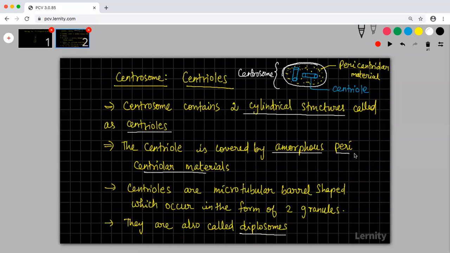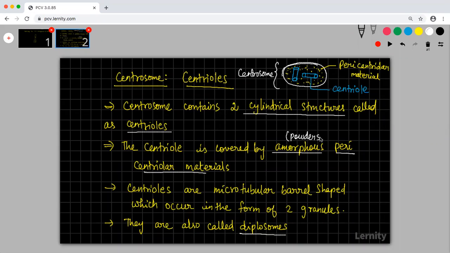What is the meaning of amorphous? Powdery. So amorphous means powdery.